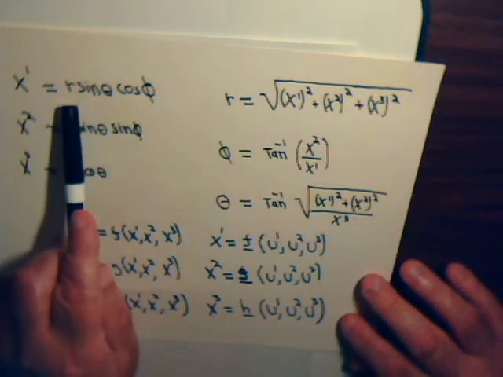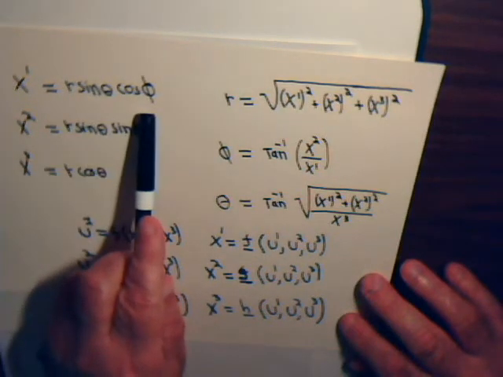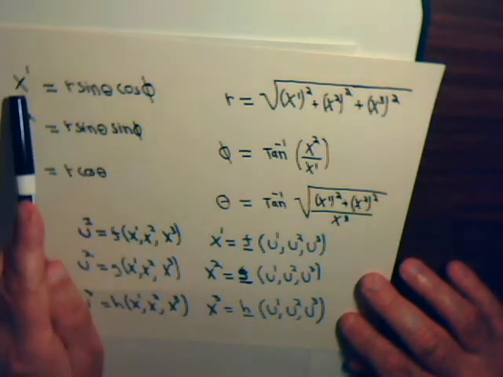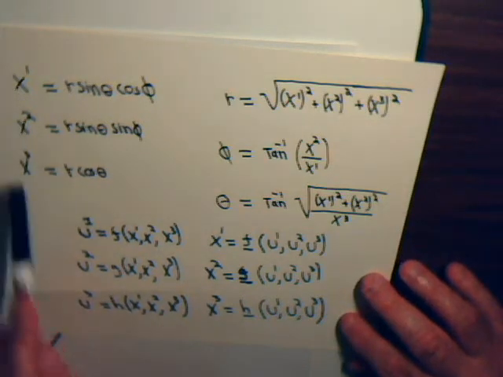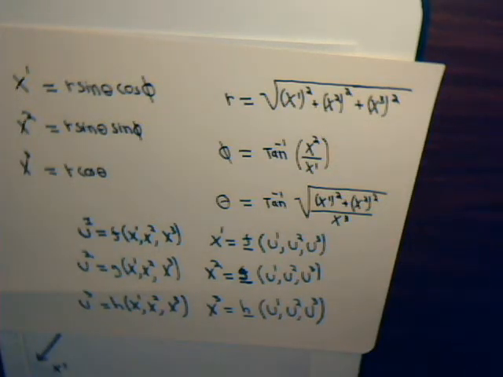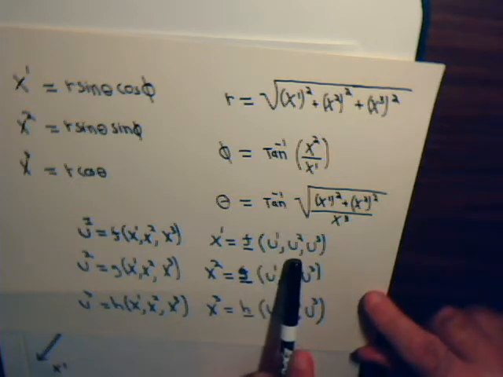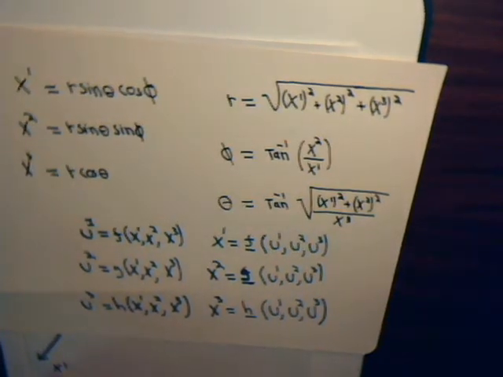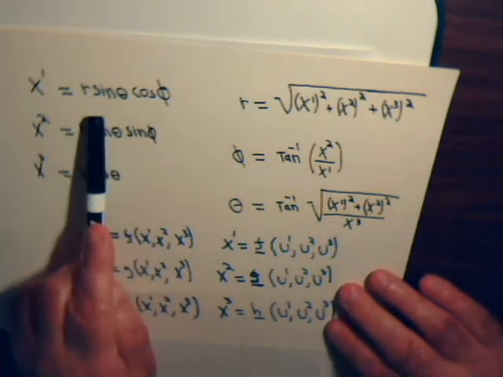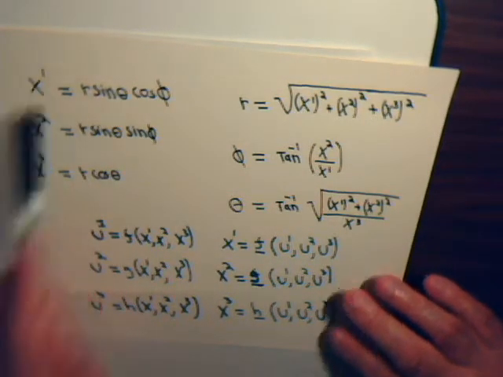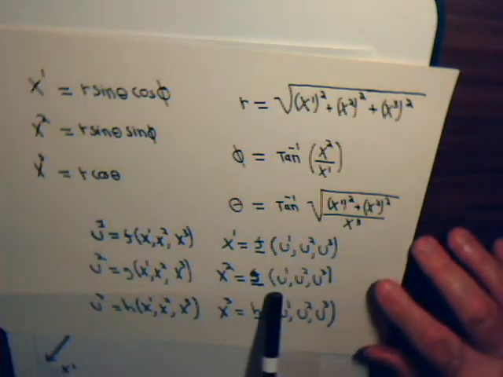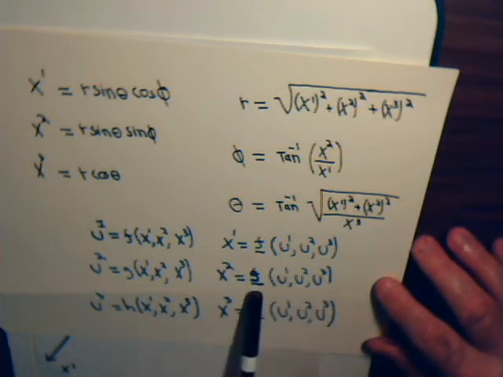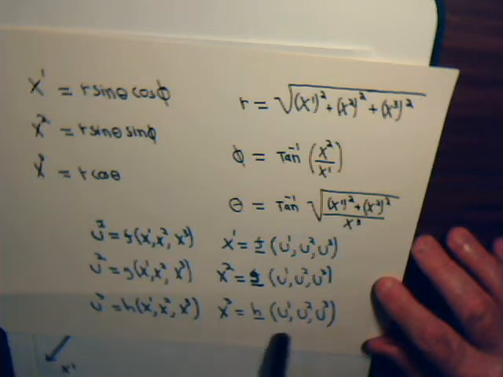Likewise, if we know what r, theta, and psi are, then we can determine what the Cartesian coordinates x1, x2, and x3 are. So, for our generalized system, we're assuming that if we know what u1, u2, and u3 are, we know the function that's going to give us x1. Just like for the spherical coordinates. And likewise, if we know u1, u2, and u3, we know the function that's going to give us x2, and the function that's going to give us the Cartesian x3 coordinate.